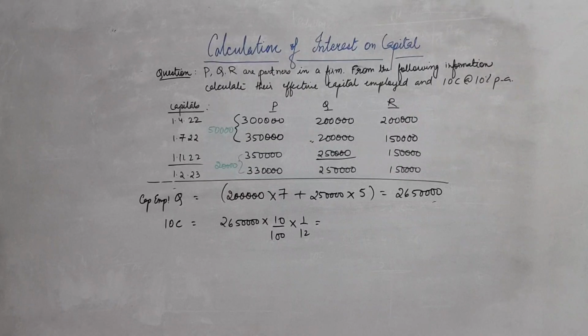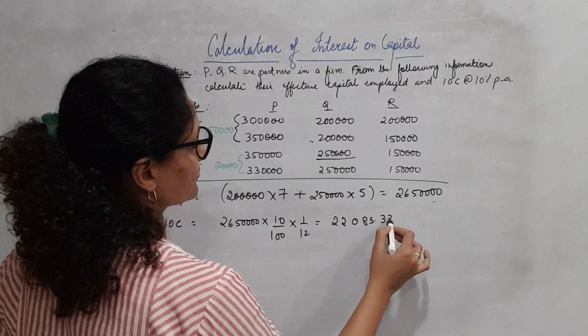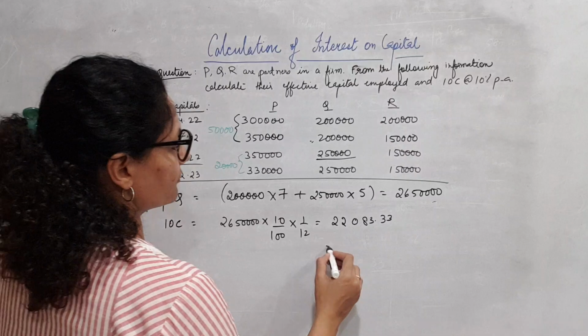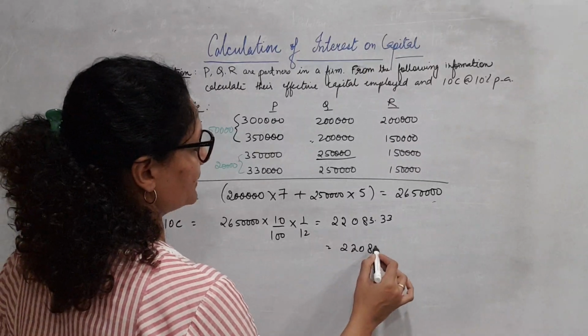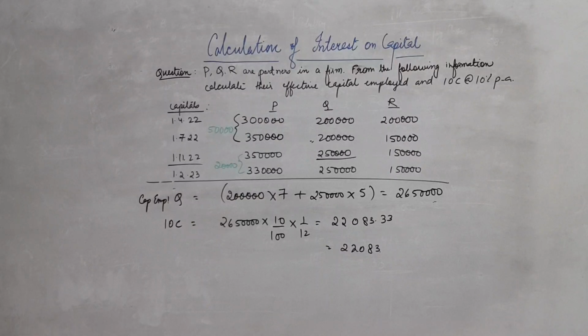Again, this is not a round figure, 3333, a recurring decimal. You will round it off because we want complete rupees. So 22,083 rupees comes as interest on capital for Q.